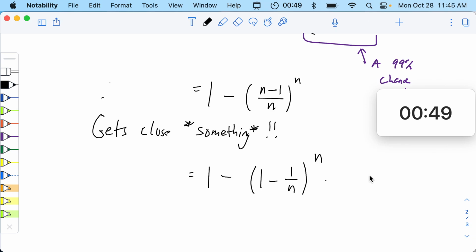I'll give a slightly different hint. What is 1 plus 1 over n related to this?